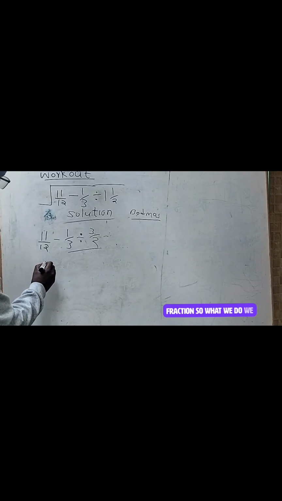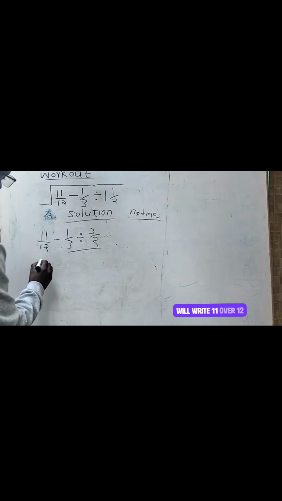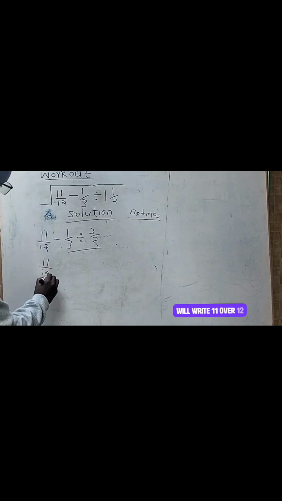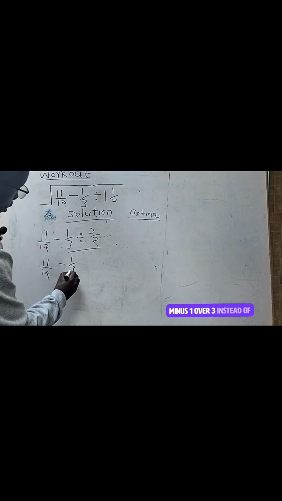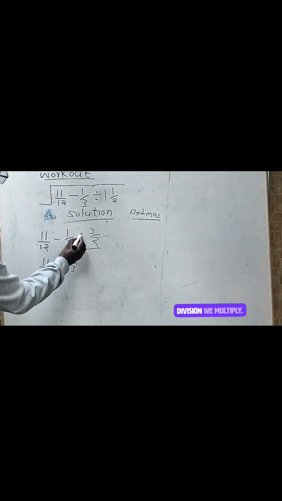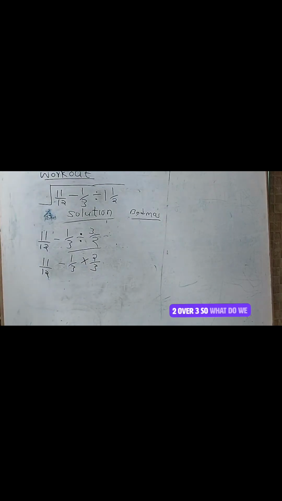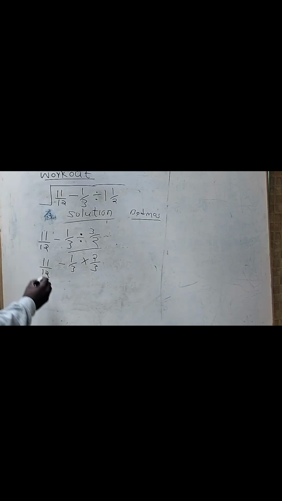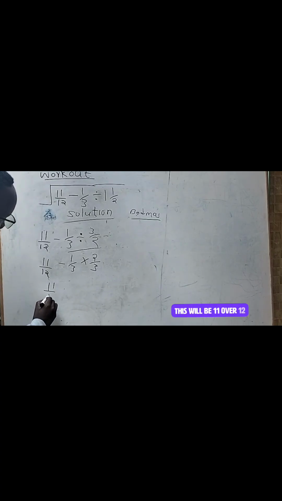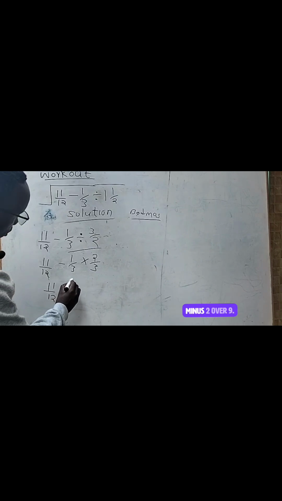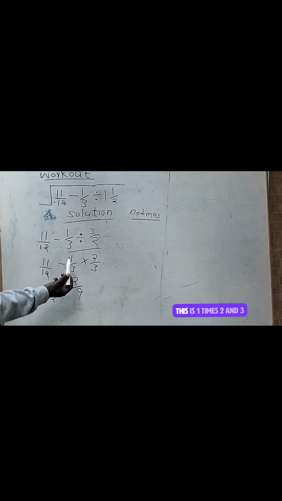So we will write 11 over 12 minus 1 over 3, instead of division, we multiply by 2 over 3. So what do we have? This will be 11 over 12 minus 2 over 9. This is 1 times 2 and 3 times 3. So 2 over 9. So what next?